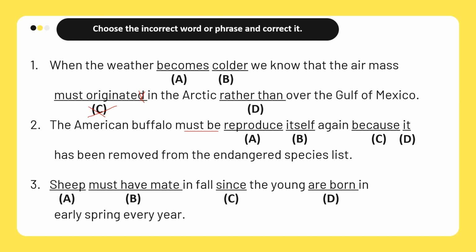Here it says that because it has been removed, something recently, something at the present is not there anymore. So it is to talk about something at the present time. Here must be should be followed with reproducing instead of reproduce. So here supposedly reproducing.